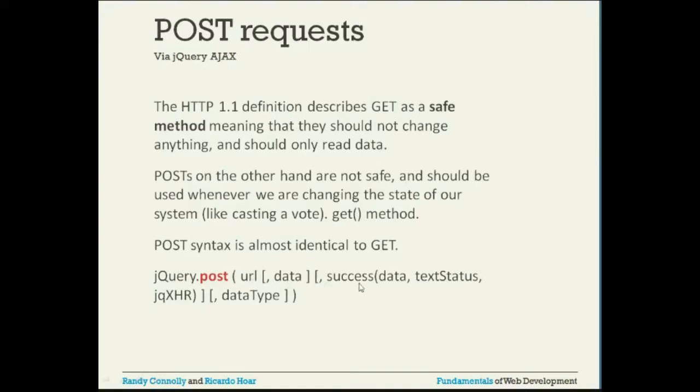Then the other parameters are optional. First one is the data. Then you can have the status, whether it is a success or a failure, and it's going to return the jqXHR object, and that object contains all the information, and optionally the data type, what data type is expected.